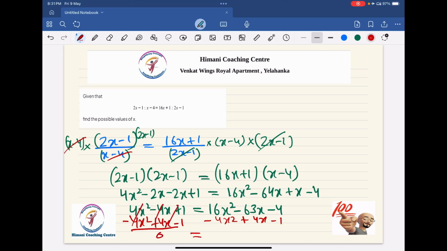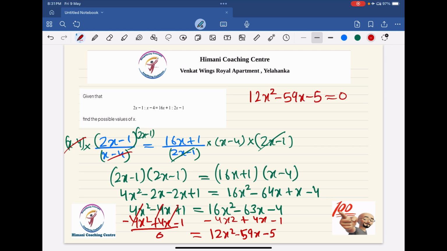And 0 equals 16 minus 4, which is 12x square. Minus 63 plus 4 will be minus of 59x. Minus 4 minus 1 is minus 5. So what is happening, students? We are getting a quadratic equation which is 12x square minus of 59x minus 5, which is equal to 0.